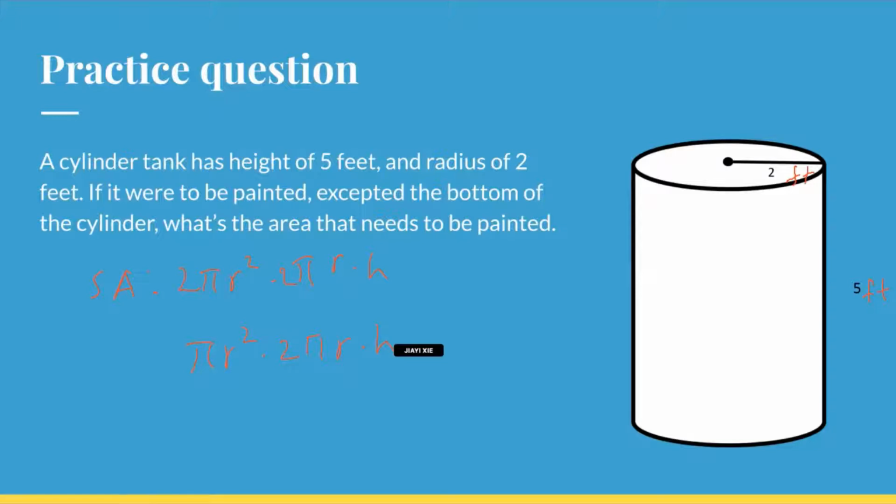Now let's plug in all the values we know and solve for the area that needs to be painted. R is 2, so 2 squared plus 2 pi times 2 times 5.